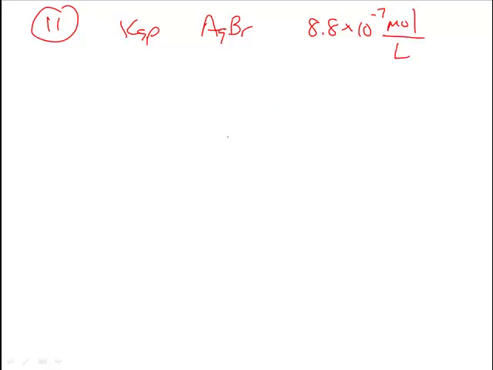Now, this problem doesn't give you a lot of information, but it says it's a KSP problem. And a KSP problem is always when you have a solid dissolving at equilibrium with its ions. So this is a special equilibrium.